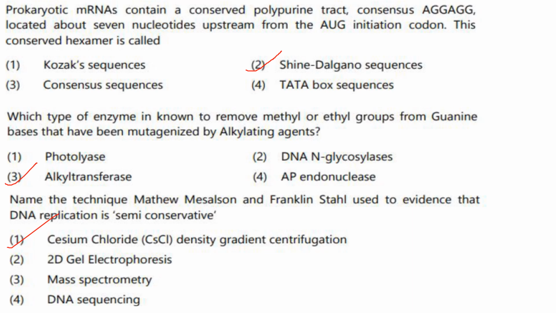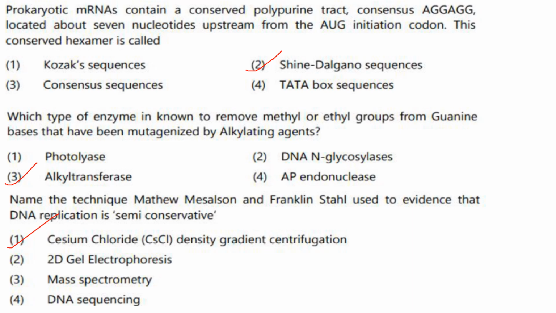The next one, which type of enzyme is known to remove methyl or ethyl groups from guanine bases that have been mutagenized by alkylating agents? So DNA alkylating agents are chemicals that add either methyl or ethyl, or in general an alkyl group, to DNA bases, and it results in mutations or cancer.